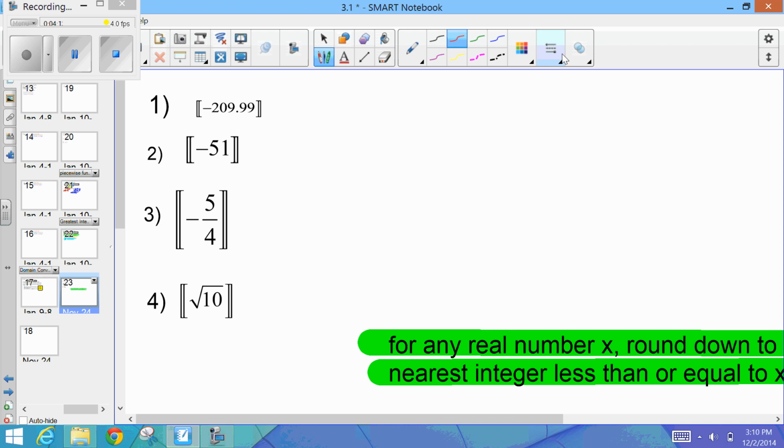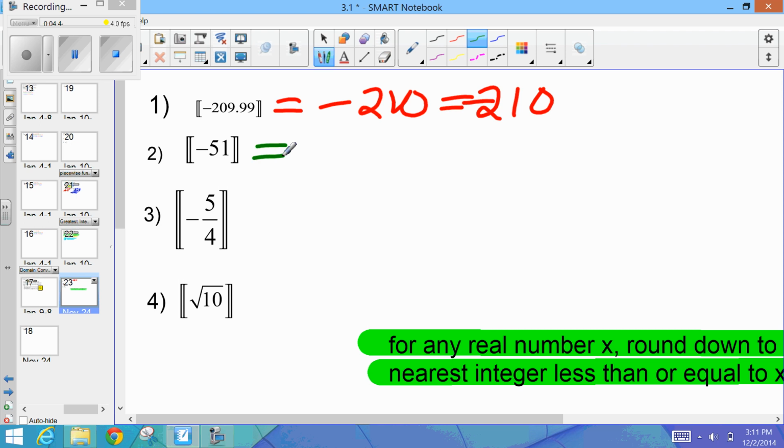This is a negative number, so we have to go closer to the negative direction. The number that is smaller than this, but as close to it as possible and is a whole number, is negative 210. I hope you can read that. Let me try and write that better. Negative 210.